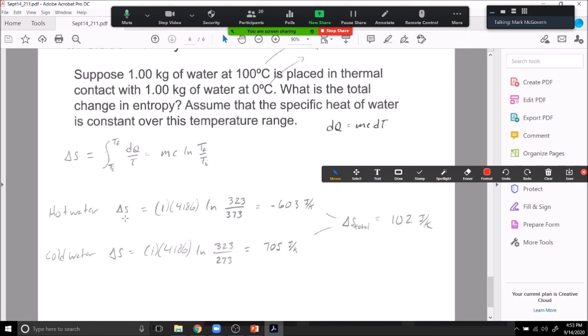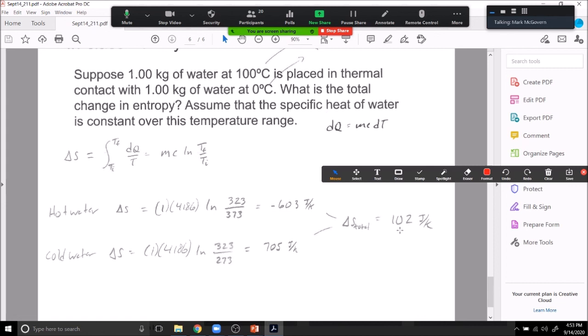The hot water drops 50 C, but we're comparing that to a higher initial temperature. So we lose energy, and we get negative 603 joules per Kelvin. Now, the same temperature change occurs, but we start from a lower temperature going up to a higher temperature. If you work out those details, again final minus initial, we have a higher amount of entropy, 705 joules per Kelvin. The difference between these is around 102.